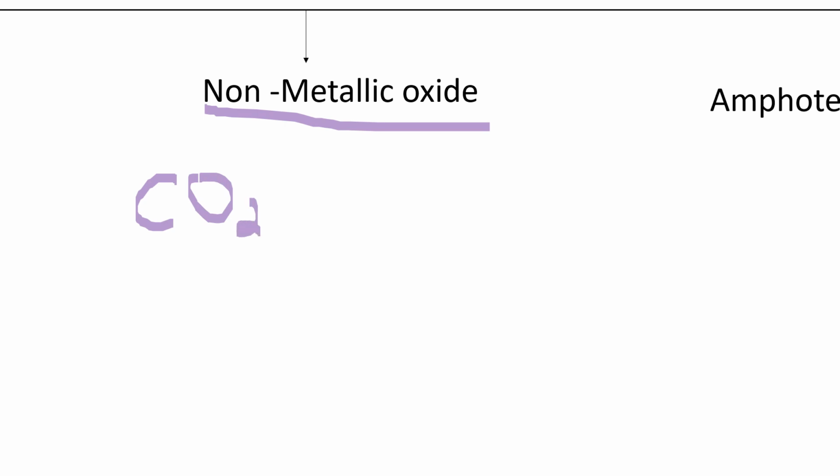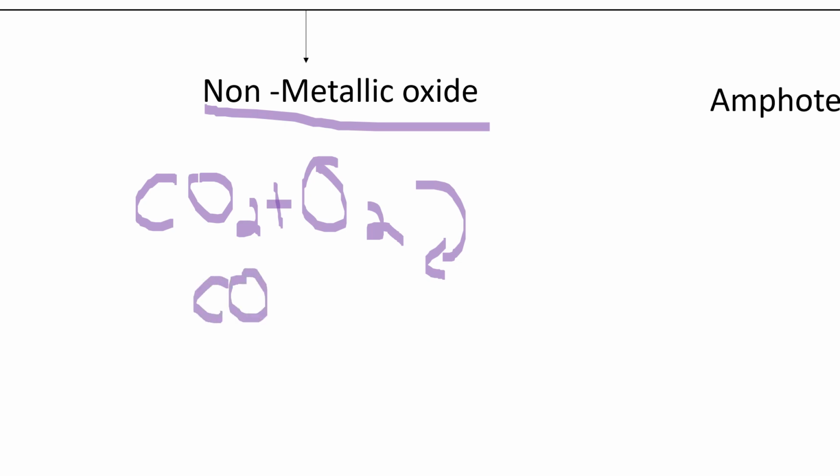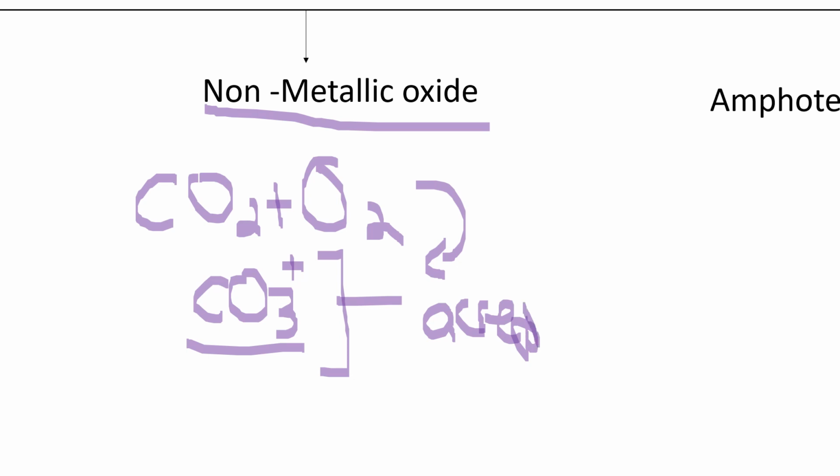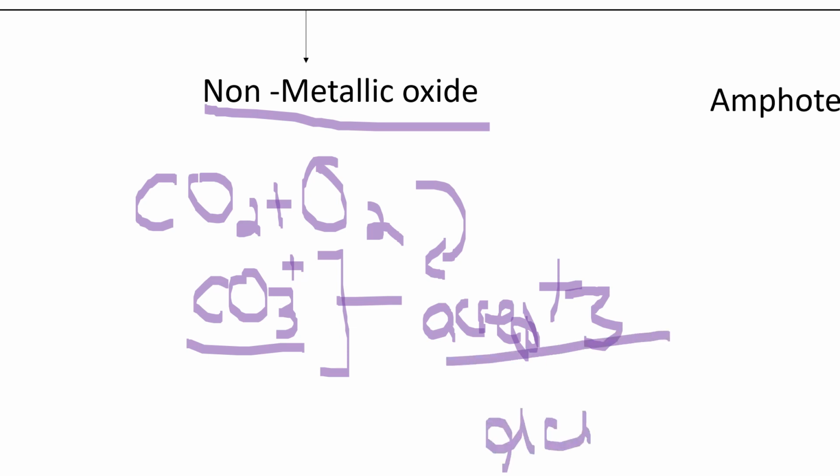Now just suppose that we have CO2. When we add CO2 and O2-, what will be produced? CO3 2- will be produced, right? So what does this mean? This means it accepts. When it accepts that, it becomes acidic.